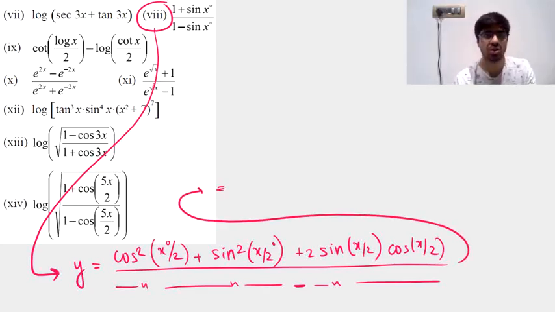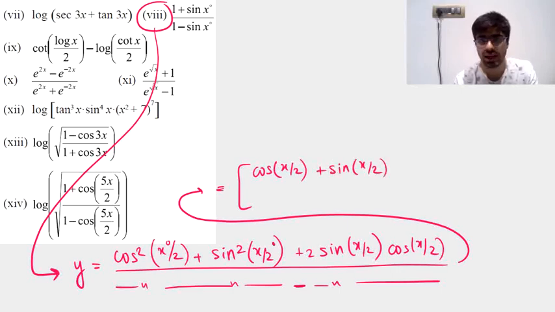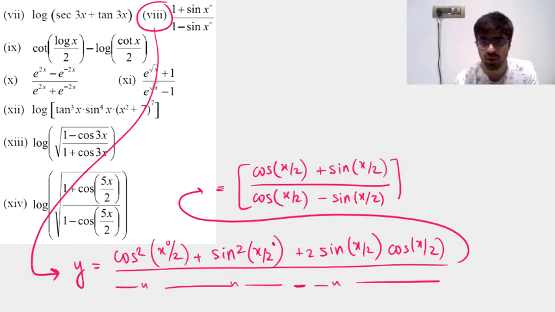Continue it further. So the numerator, if you see, it's a square plus b square plus 2ab, and we will prefer to write it as cos x by 2 plus sin x by 2 the whole square. And the denominator similarly will be cos x by 2 minus sin x by 2 the whole square. That whole square can be taken common and you can write it like this.